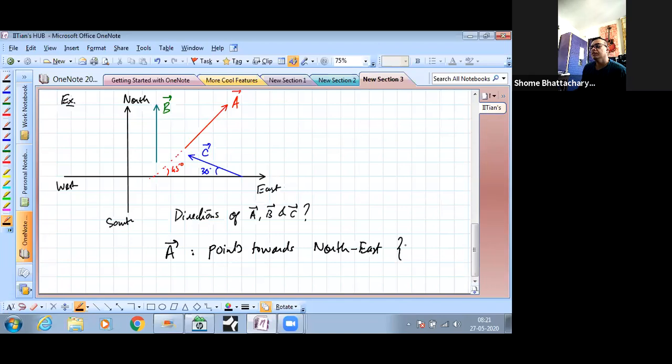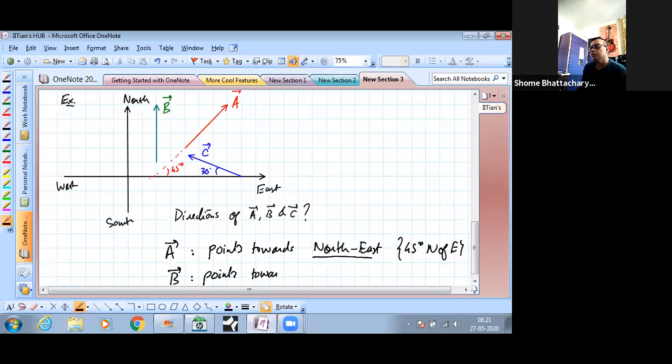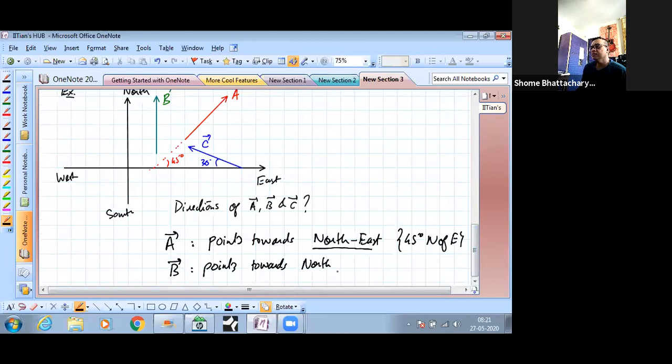Okay. In fact, we can say 45 degrees north of east. This is exactly bisecting the northeast direction, so it's enough to say that it points northeast. Similarly, the vector B, we can see it points towards north.